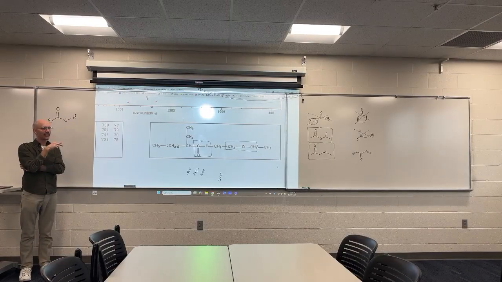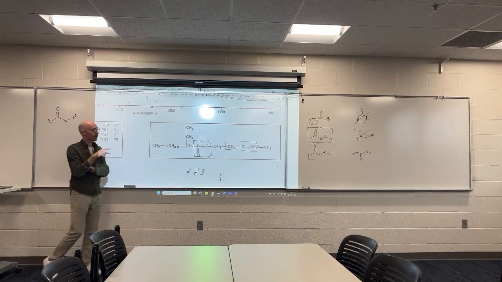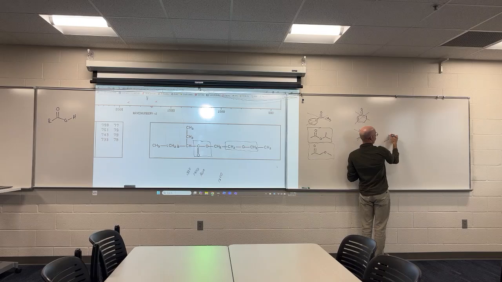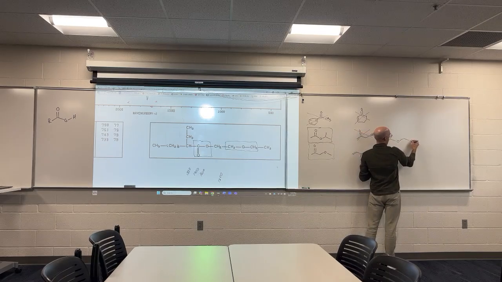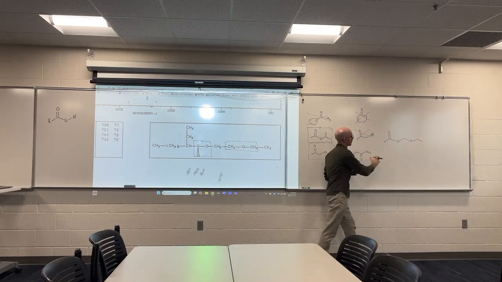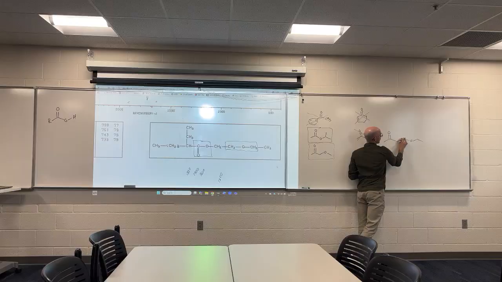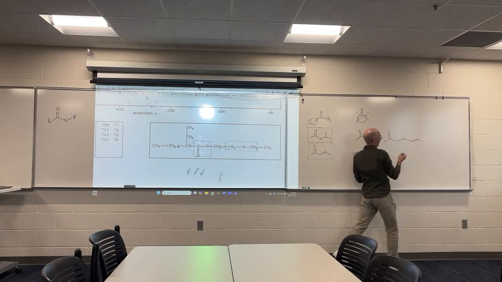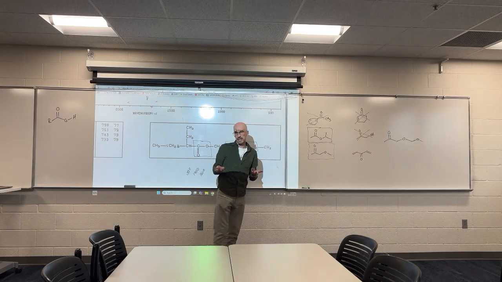So when we said maybe there are two CO single bond absorptions, that was correct. There were two CO single bond absorptions. One was an ester, one was an ether, but there's no reason that molecule couldn't have been a ketone with two ethers.